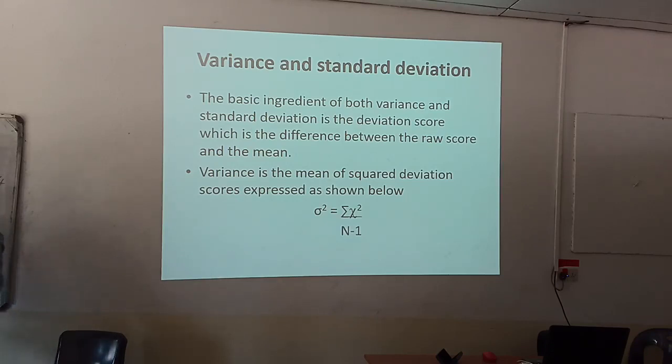In terms of definition, that's what variance is, and that's what standard deviation is. And the standard deviation is by far the most widely used measure of variability in any data set.